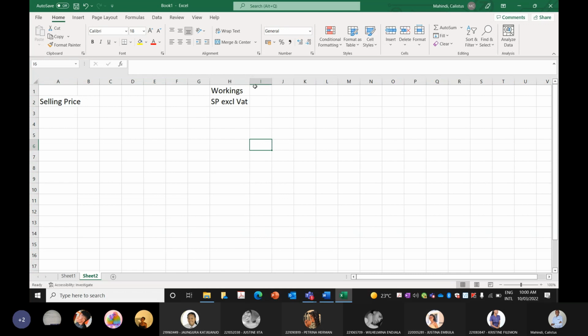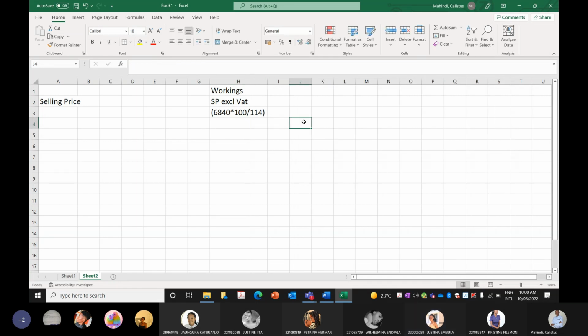You're going to take 6,840 times 100 divided by 114 to get the exclusive amount. If you don't know how to do this, you need to go back to VAT that you did in year 1. So 6,840 times 100 divided by 114, the exclusive amount. So the sales price is 6,000.